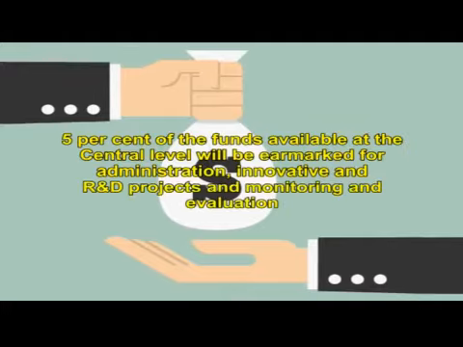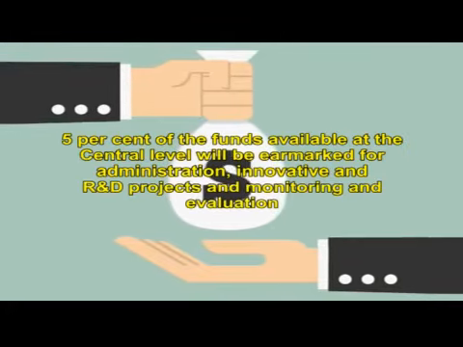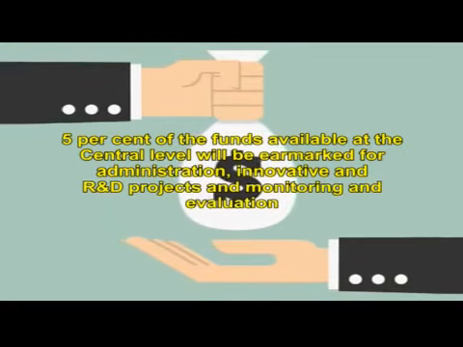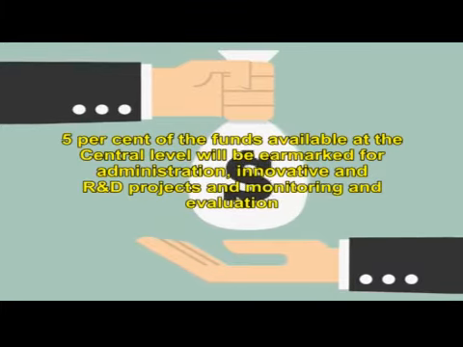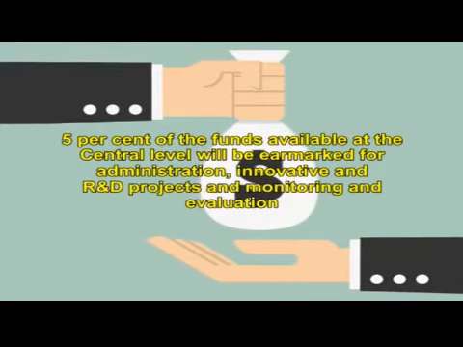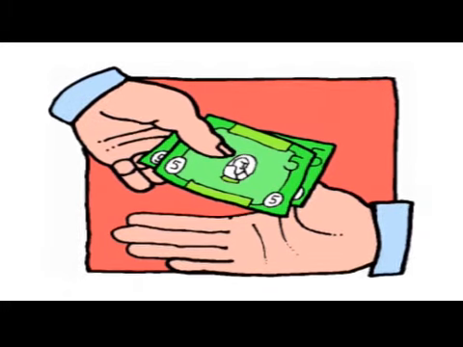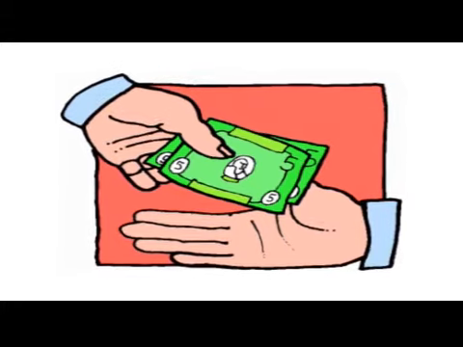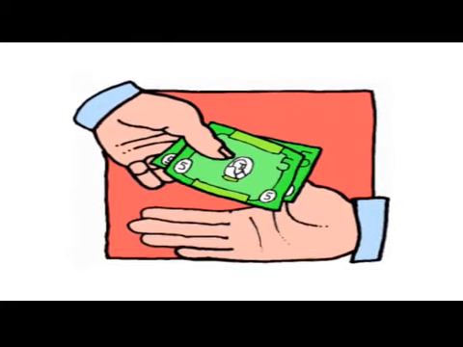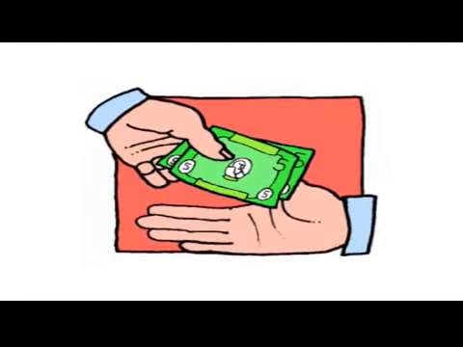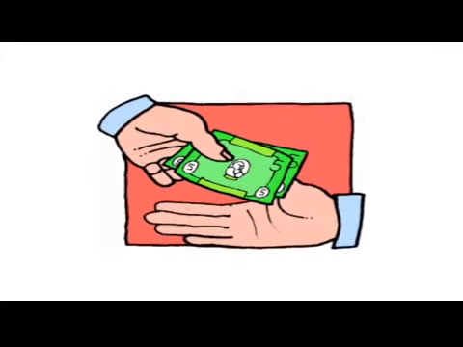Every year, 5% of the funds available at the central level will be earmarked for administration, innovative and R&D projects and monitoring and evaluation. The scheme will provide funds only in cases where there are no other provisions for the items under other schemes operative at the state or central level.